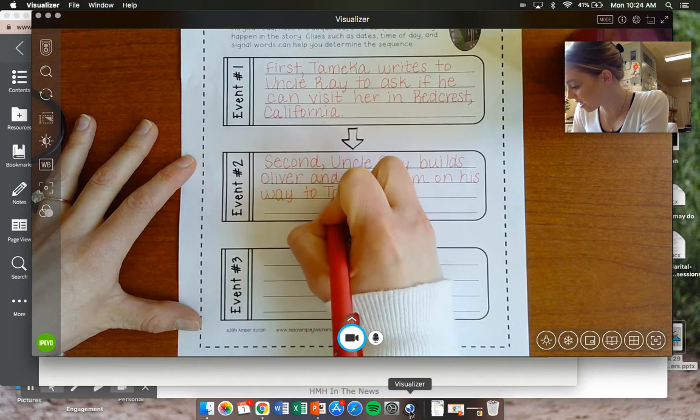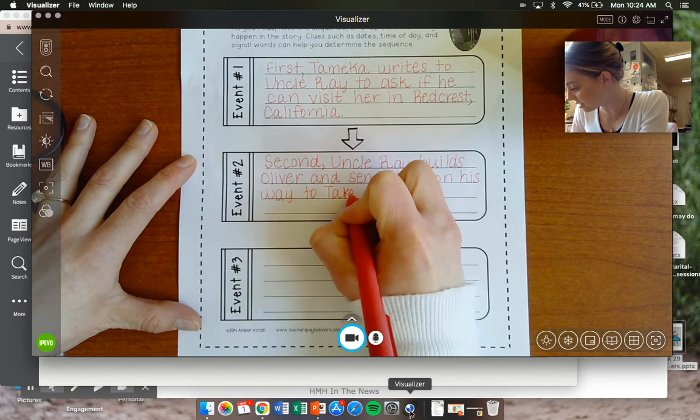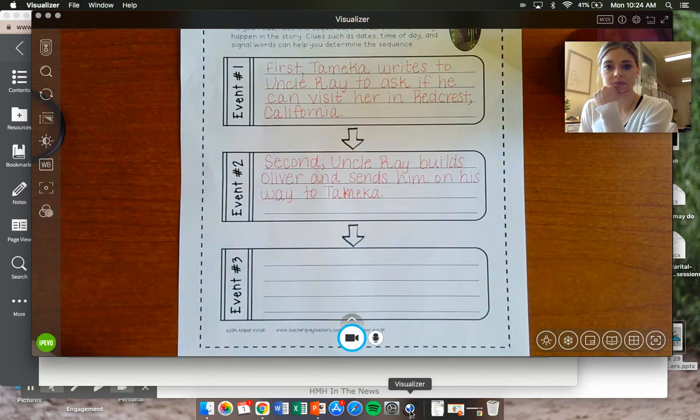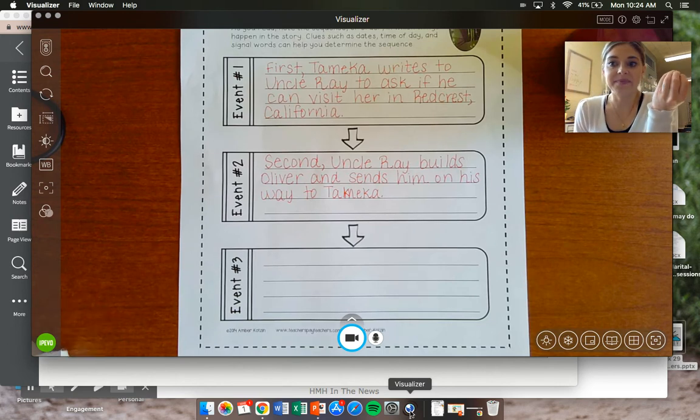And why does he build Oliver in the first place? Like, why does he even do that at all? Well, if you're thinking because he can't go visit, then that would be right. He builds Oliver as a way to communicate and to go see Tamika when Uncle Ray actually can't. So he wants Tamika to have fun, but he can't go there and have fun with her.